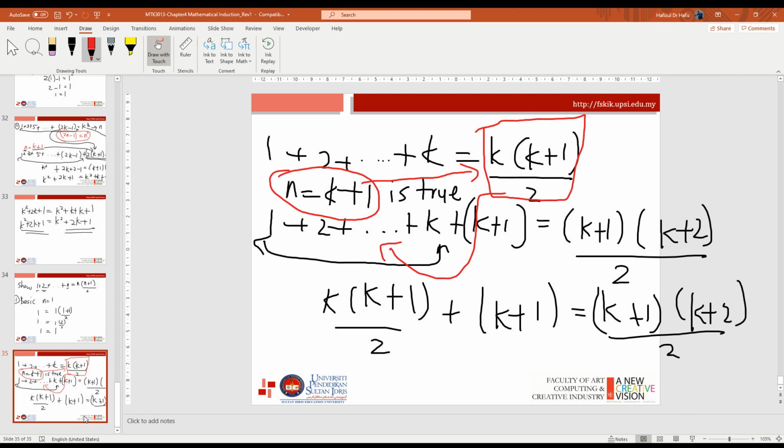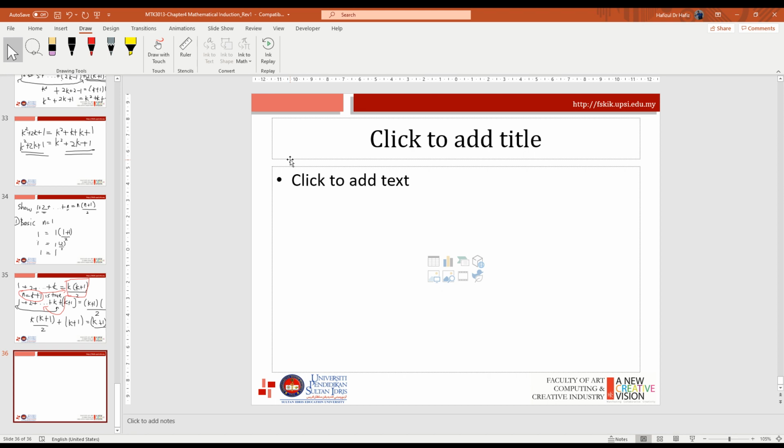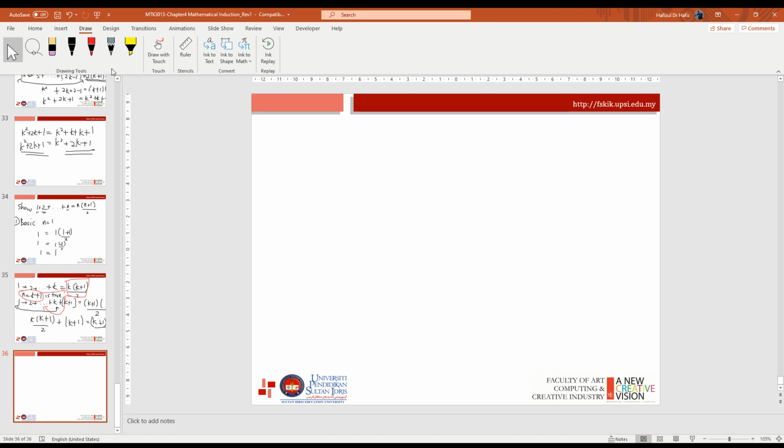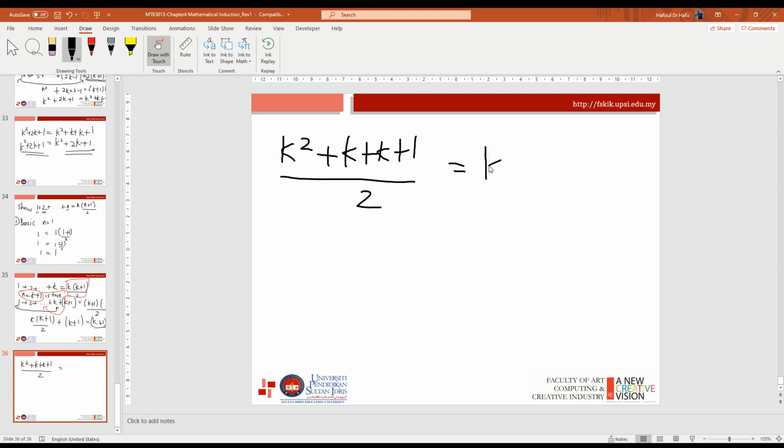Boleh ke? So, kita dapat K power 2 plus K plus 1 divided by 2 equivalent to K power of 2 plus 3K plus 2 divided by 2.